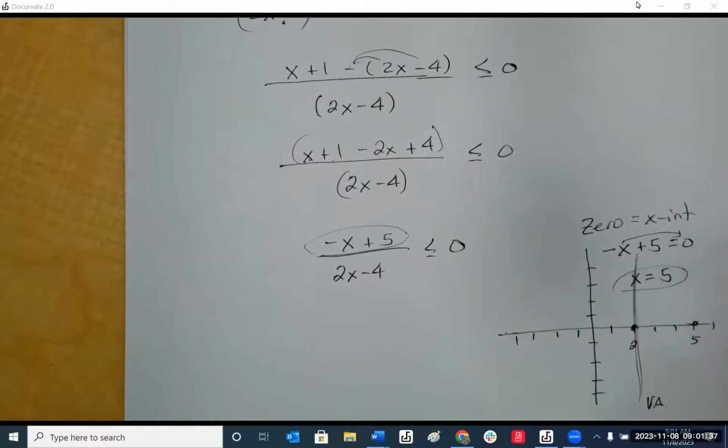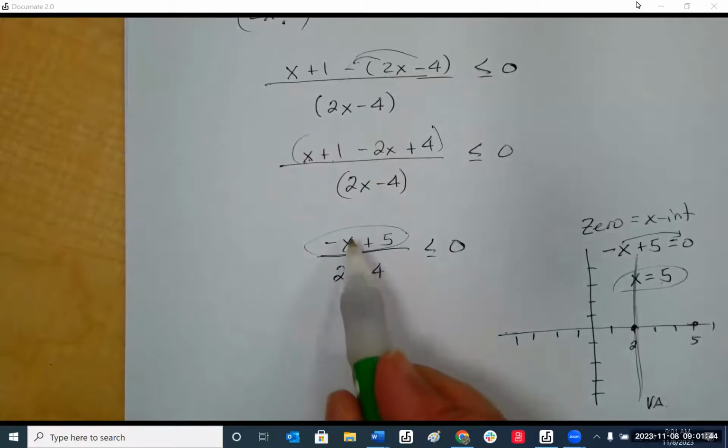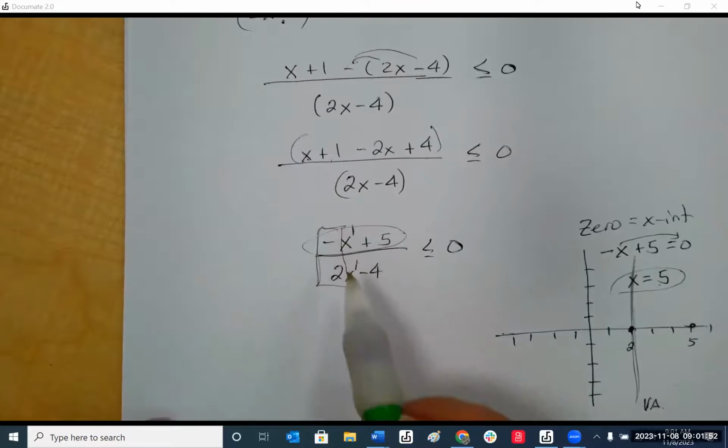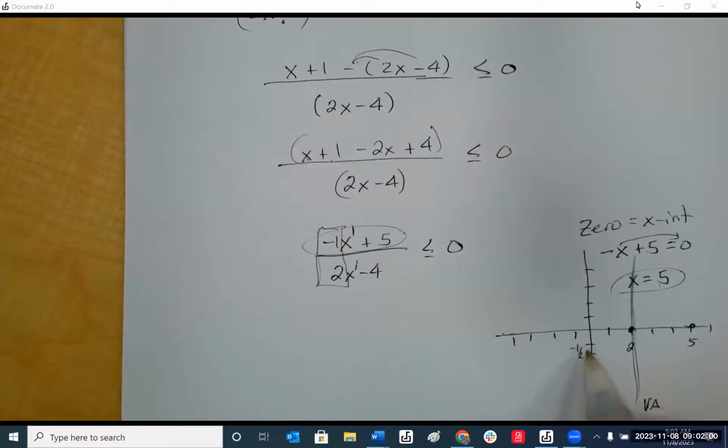Yes, we do. Because remember, to find the horizontal asymptotes, look at the leading terms. They both have the same exponents. So the horizontal asymptote will simply be the leading coefficients, -1/2. That's the horizontal asymptote.